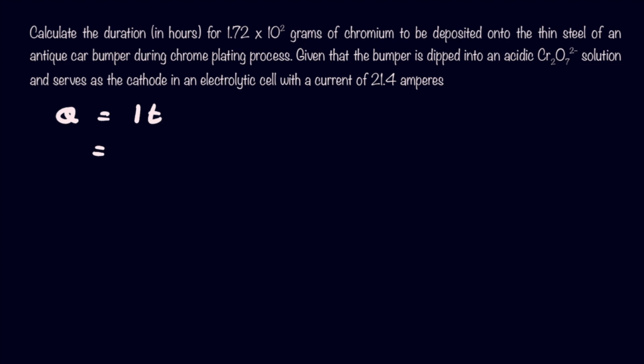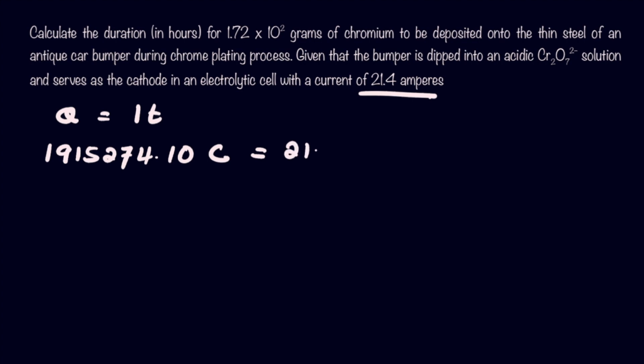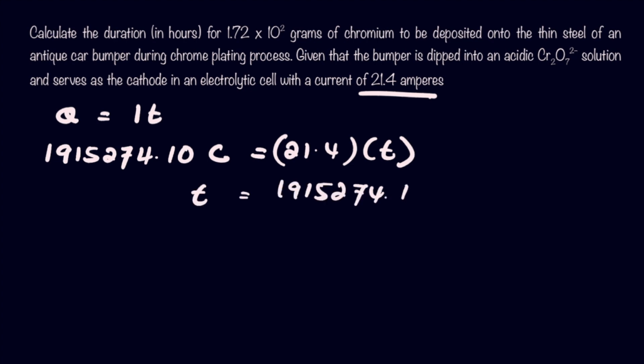The Q that we have calculated just now is 1915274.10 Coulomb, equivalent to the current 21.4 ampere, and then you want to find the time. So the time is equivalent to 1915274.10 divided by 21.4.